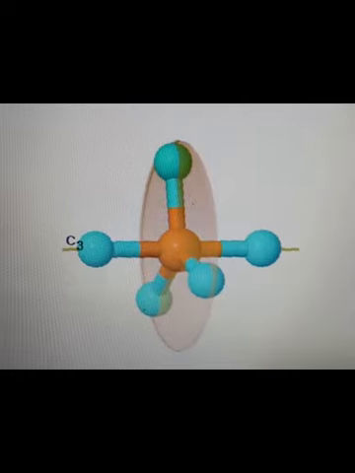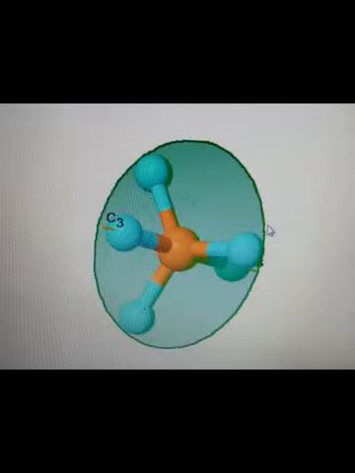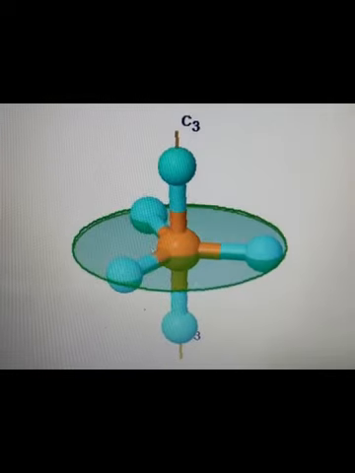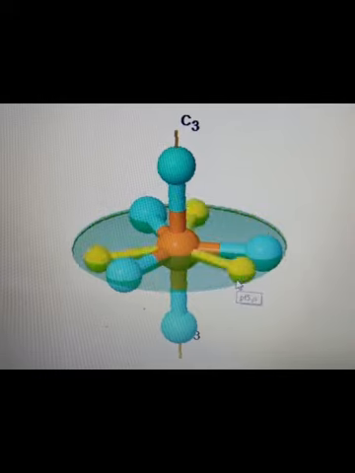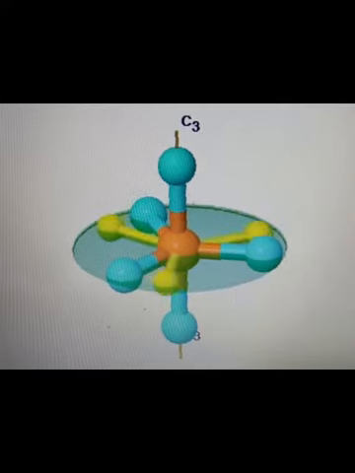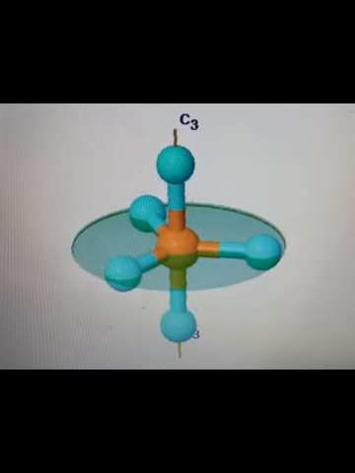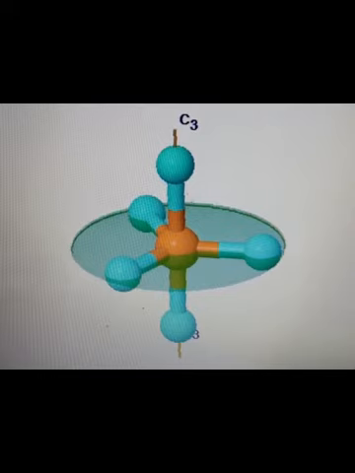And coming to the S3, that is S3^1, S3^2 are possible. S3^1 sigma h, S3^2 again sigma. So this is how the S3 axis of symmetry is present in the trigonal bipyramidal molecule, that is PF5, phosphorus pentafluoride.